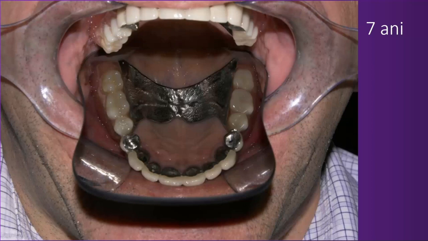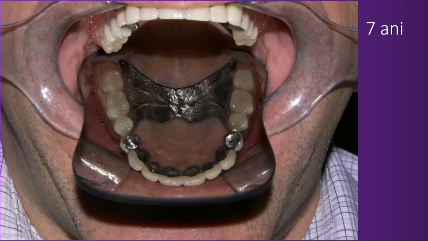This is 7 years later, when we had to place some more resin on the removable denture, because the gum retracted, the bone retracted a little bit.